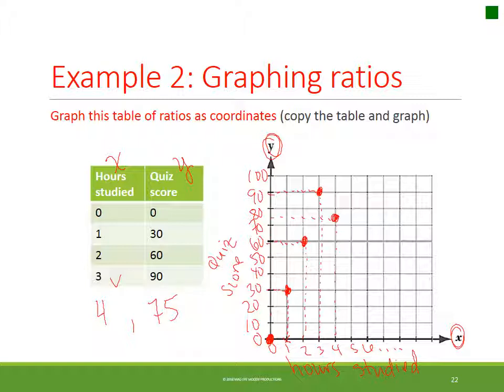No, it wouldn't make sense because it's not an equivalent ratio. We can simplify down to the unit rate and it's not the same. So it's very important that you think about equivalent ratios here so that you can have graphs that make sense, and fill in the tables correctly.